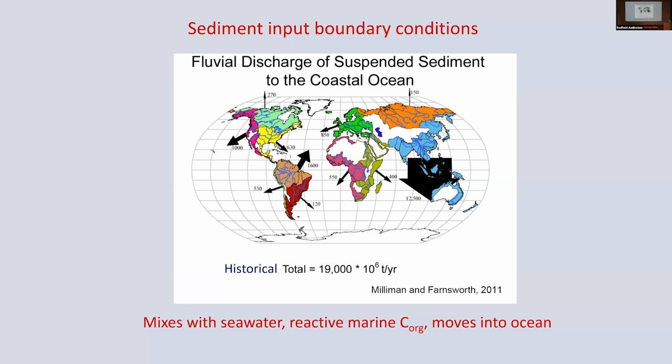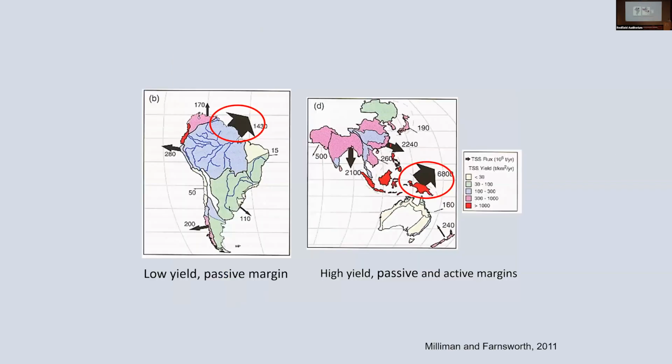And you can see that Southeast Asia and Oceania clearly dominate, and the low latitudes dominate. So this material that's coming from the continents mixes with seawater, and as I'm going to show you, with marine organic matter, and moves on into the ocean and generates new products, as you're going to see.